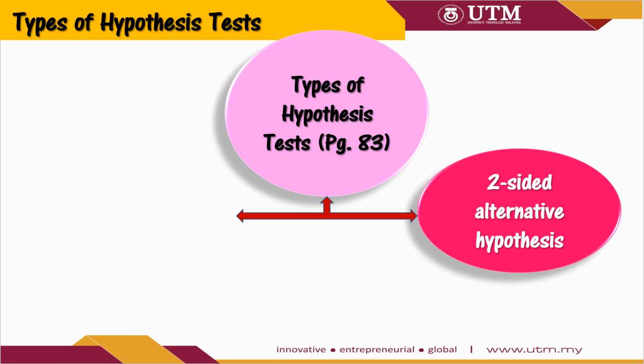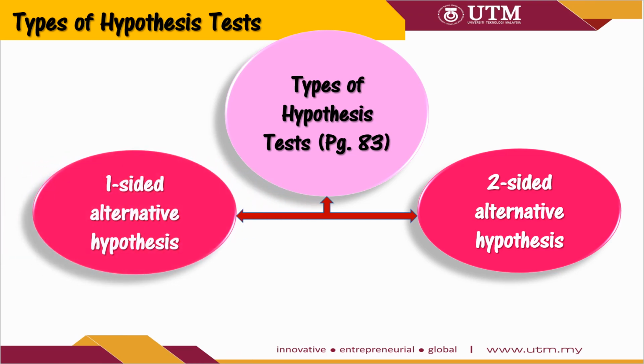This type of test has a connection with a two-sided confidence interval that we have learned in the previous chapter on estimation. The connection will be further explained later in this topic. The next type of hypothesis test is a one-sided alternative hypothesis test on the right, which can be defined as a right-sided alternative hypothesis, or sometimes we can call it a right-tailed test of hypothesis.